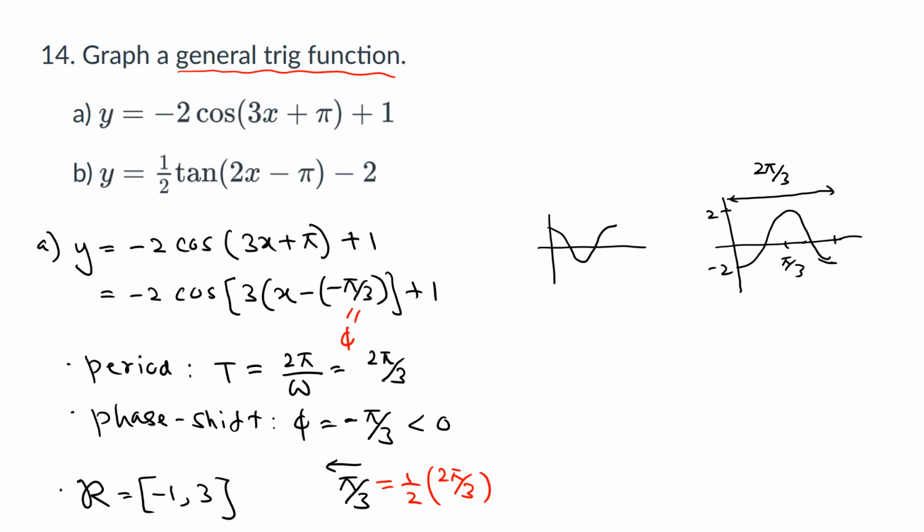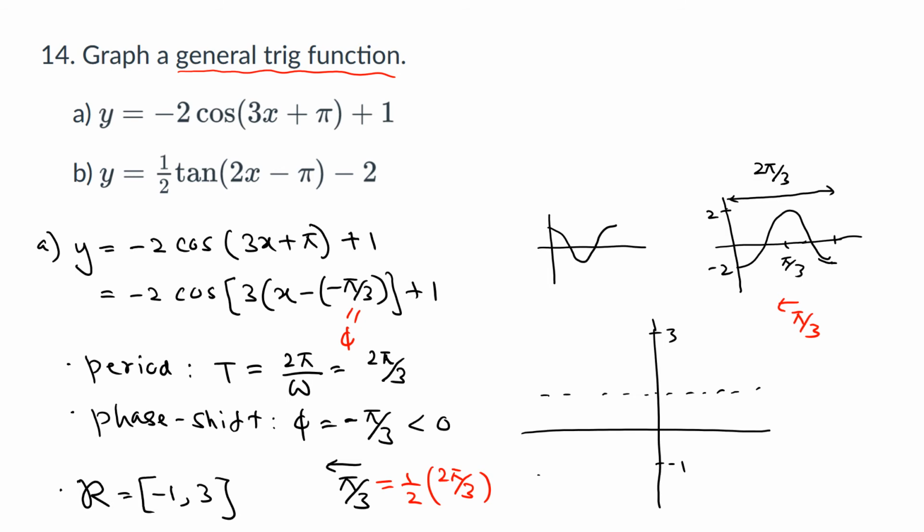The graph goes between negative 1 and 3, so this is the halfway line.